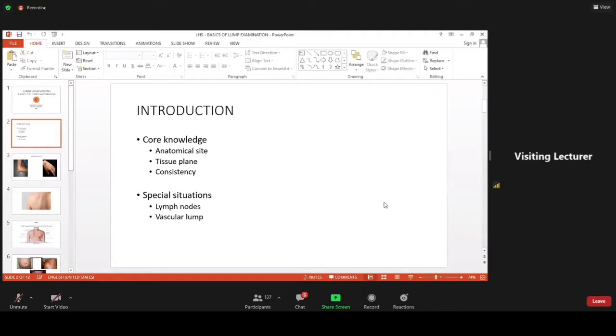If you know these two, you know about 80% of the time what it is, because certain lumps never occur in certain sites, and in a particular site and tissue plane, very few lumps are there. The size, shape and surface tell us more refined information.